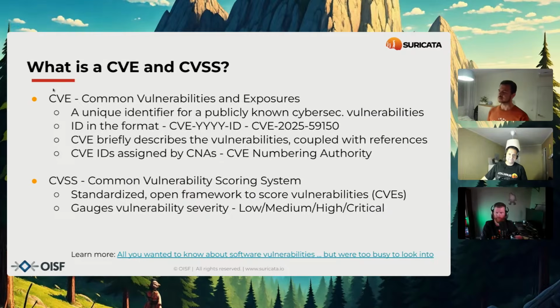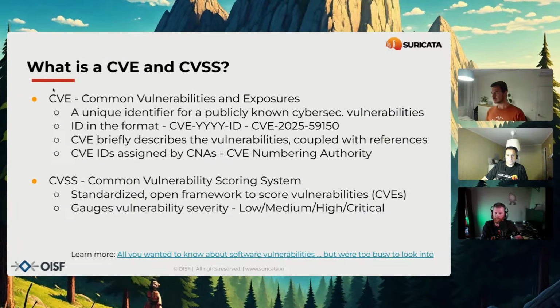Another important term when talking about CVEs is the CVSS, the Common Vulnerability Scoring System. It's kind of just a number to tell you how critical the vulnerability is. Generally, it is divided into low, medium, high, and critical severity of the vulnerability.